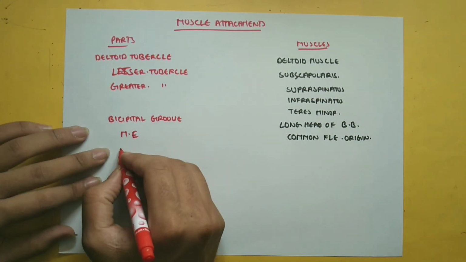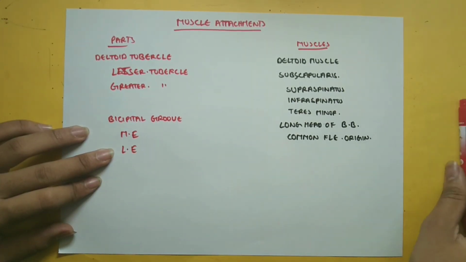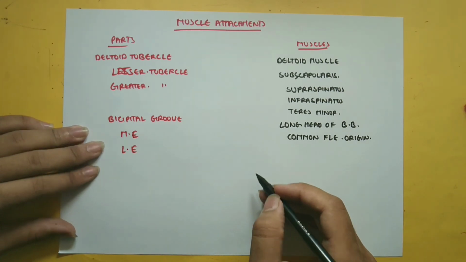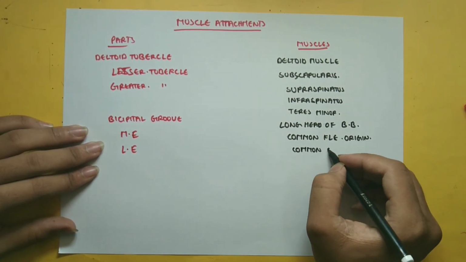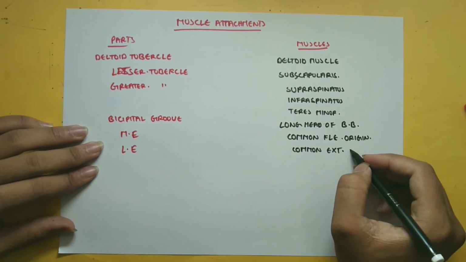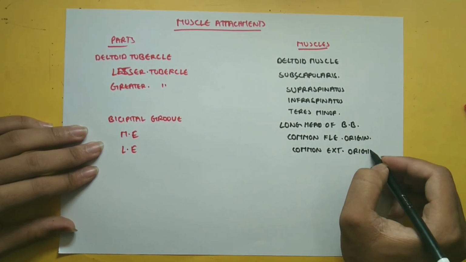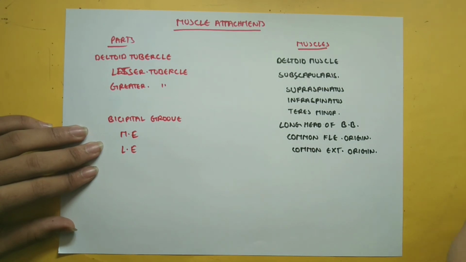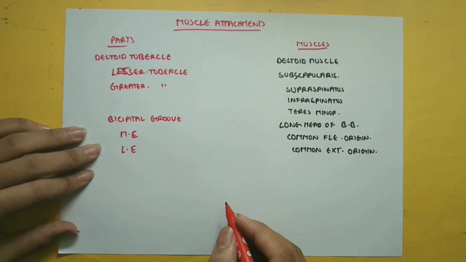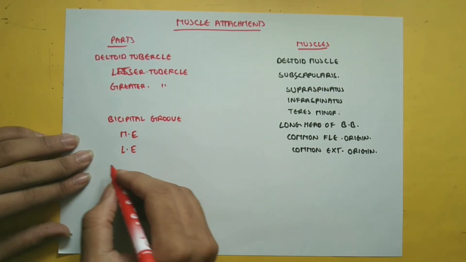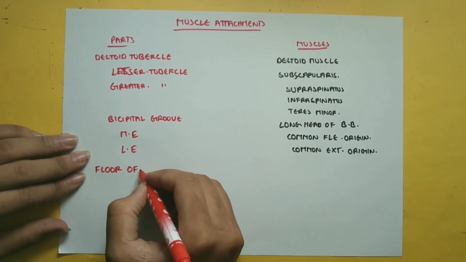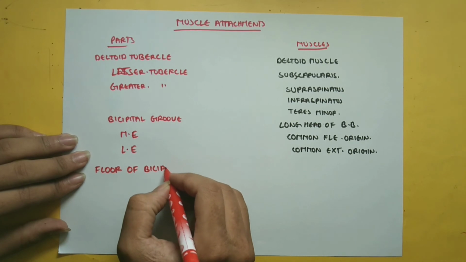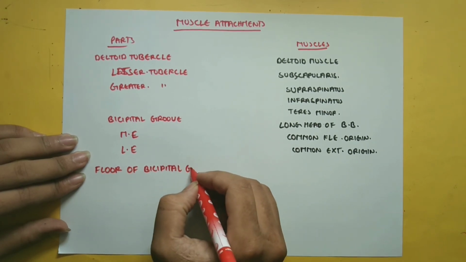And next comes the lateral epicondyle, which gives attachment for the common extensor origin. Next comes the floor of bicipital groove.